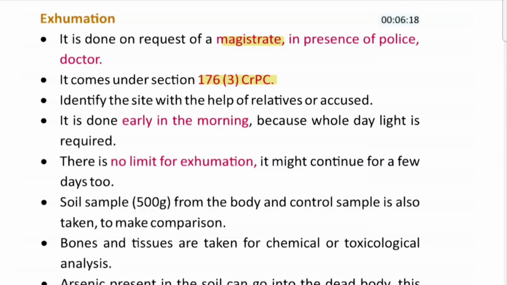It is done early in the morning because whole daylight is required. There is no limit for exhumation. It might continue for a few days too. A soil sample of around 500 grams from the body site and a control sample are also taken to make comparison. Bones and tissues are taken for chemical or histopathological analysis.